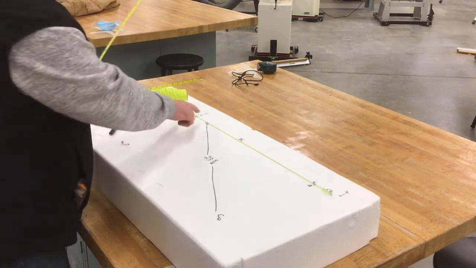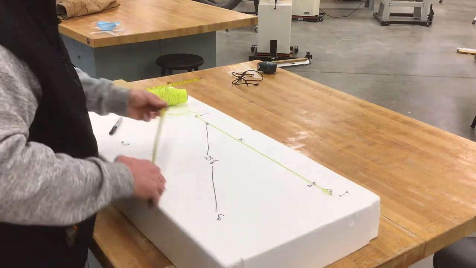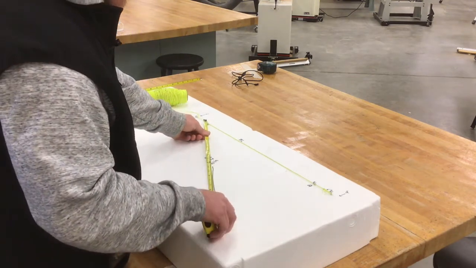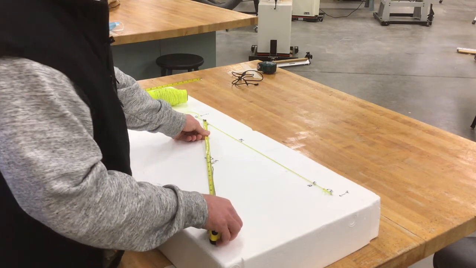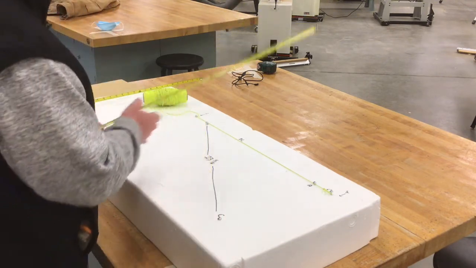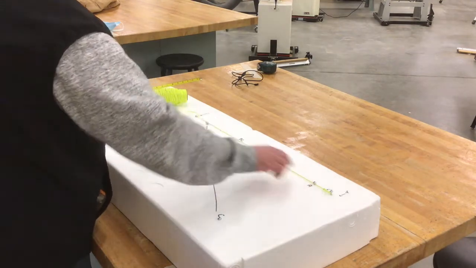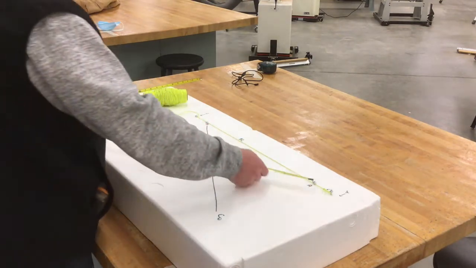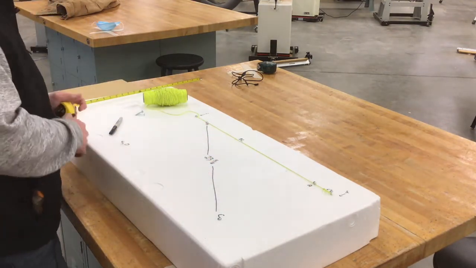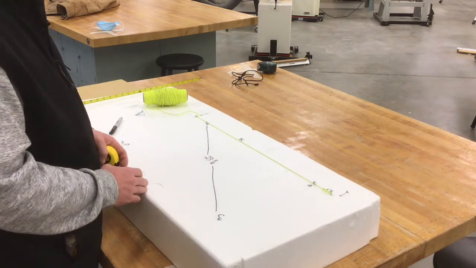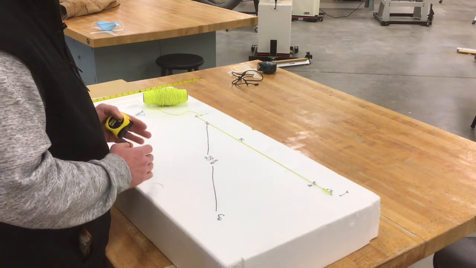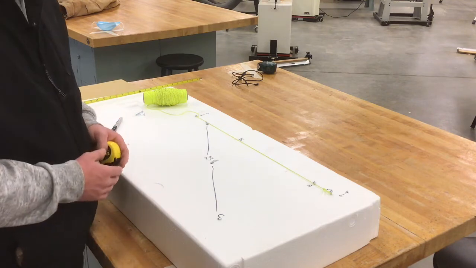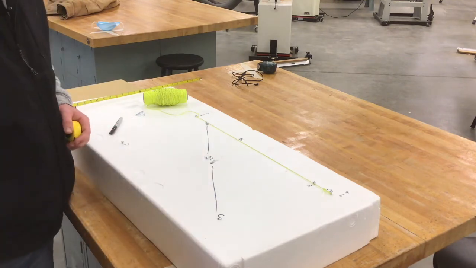I measure from point B down to point C. I have 23 and 5/16. Now I'm going to repeat that from point A down to point D, 23 and 5/16. So that tells me that that building layout is done correctly and that I am square. I can move ahead with starting to dig the foundation.